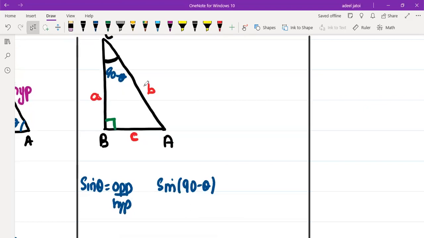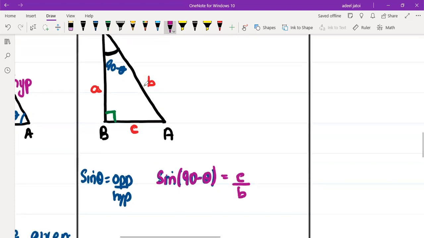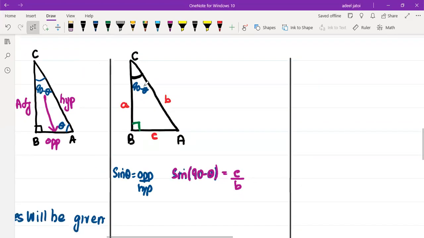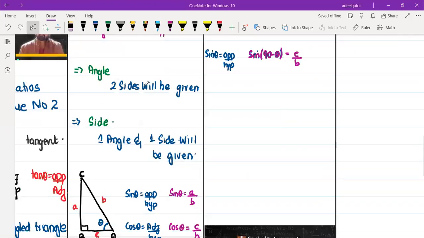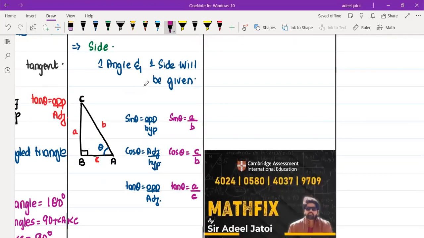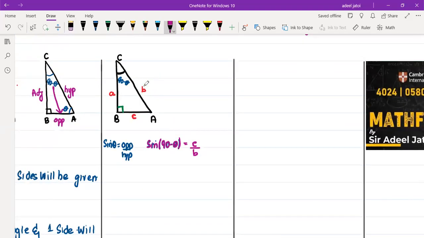So sine of 90 minus theta will be opposite upon hypotenuse, which is c upon b. That means this angle has just replaced these sides here. The formula is the same, but in the previous example, when we took theta, the opposite was A. Now the opposite for 90 minus theta is C.